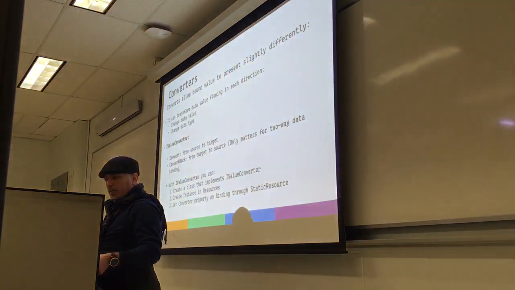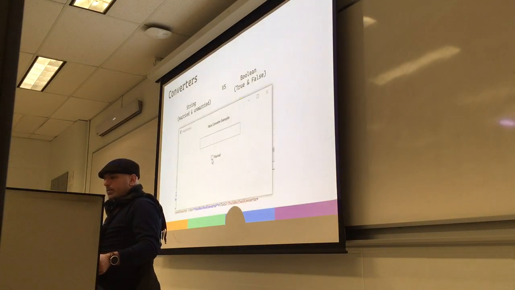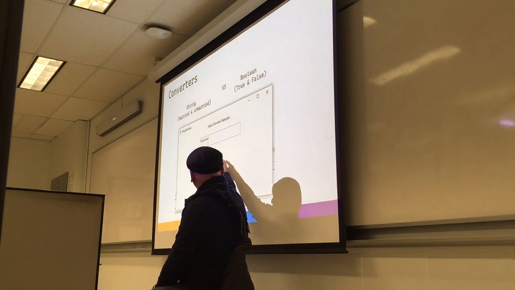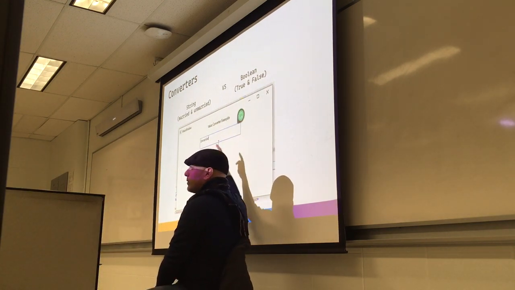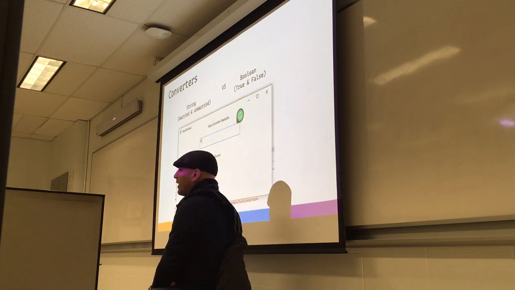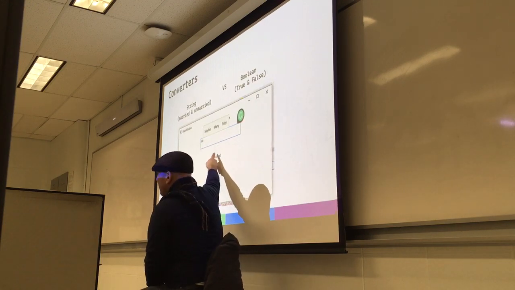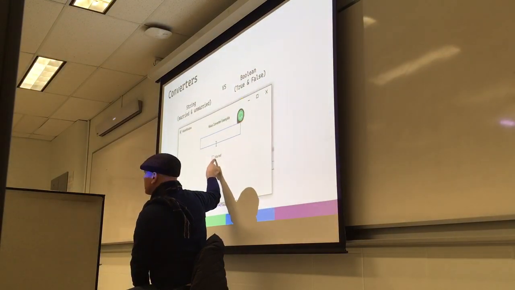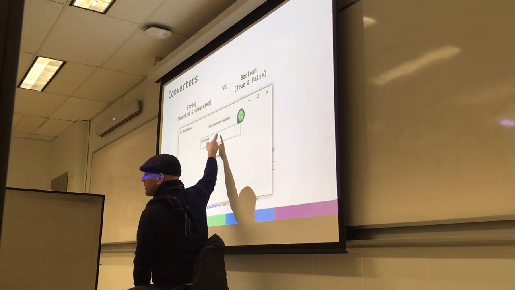In this example, you see guys, we have a checkbox and a text box. Now we need to create a connection between the property Check, whose value returns true or false, and the Text, which returns text.